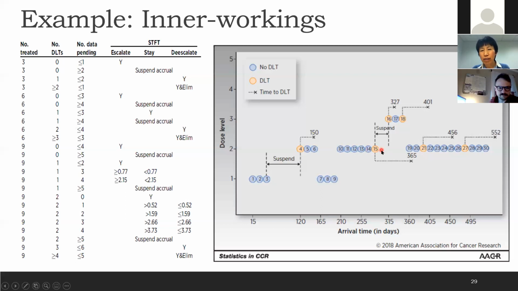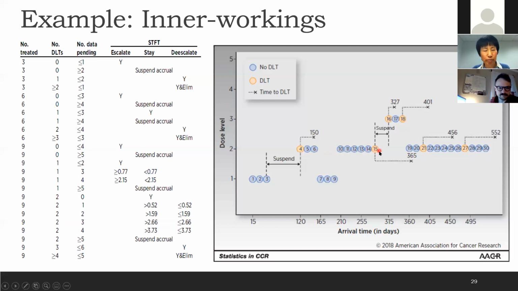Among them, we have these 3 patients' DLT totally observed, and then we also have patient number 10 observed, because you can see that here is 1 month, 2 months, and then 3 months. The DLT assessment is 3 months. So patient number 10 by day 310 is already observed.